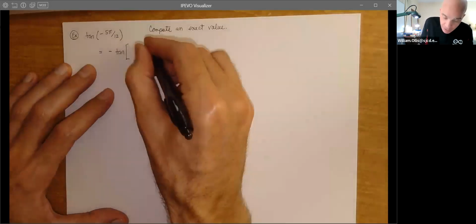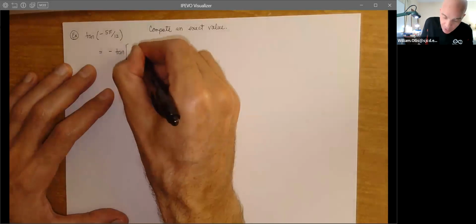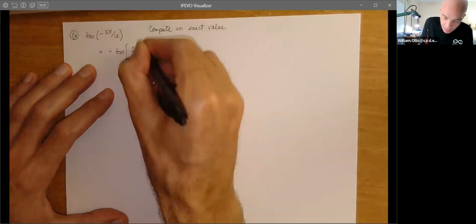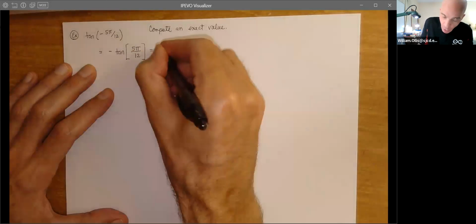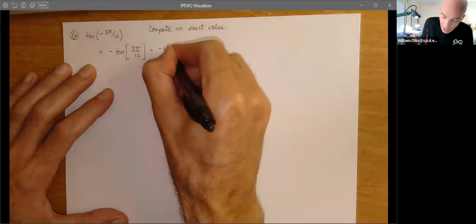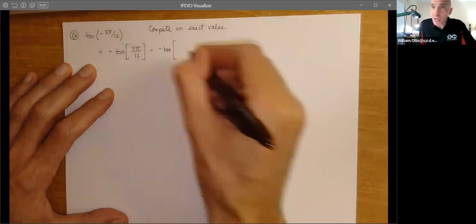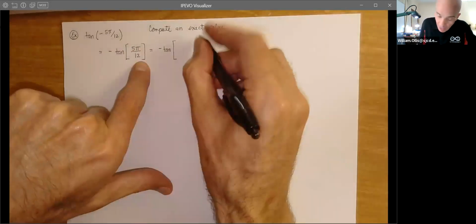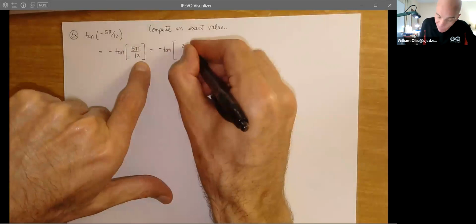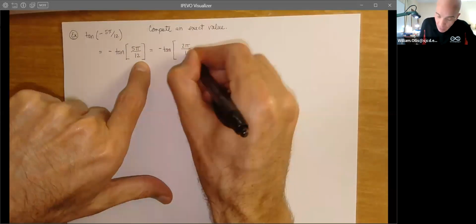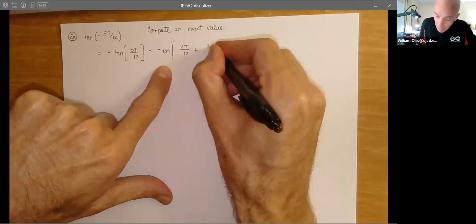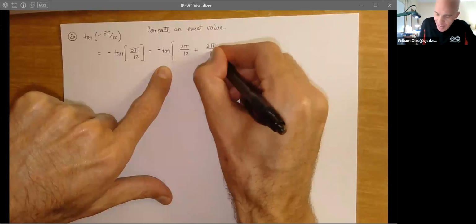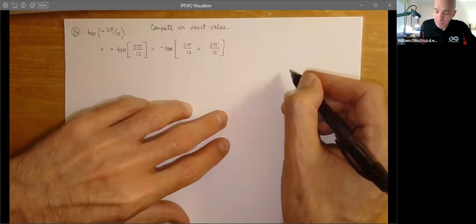Now, this gives us this, and you're thinking, we're just going to break this up into two pieces because our hope is that these will be easy functions or easy measurements on the unit circle. So we can do 2 and 3 with the 5. So we have 2 pi over 12 plus 3 pi over 12. This is exactly what we did before, but when it was much more difficult when we were doing reference angles and things.